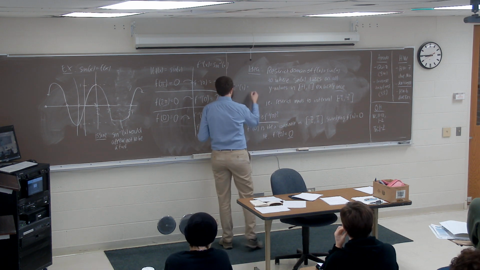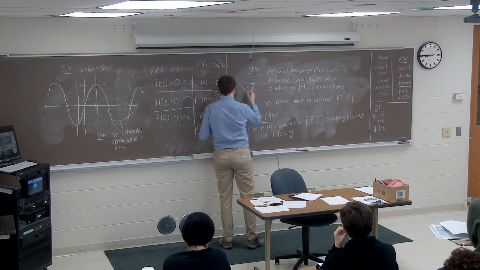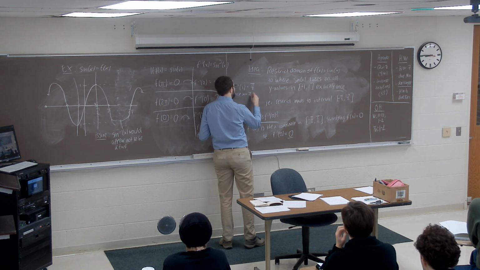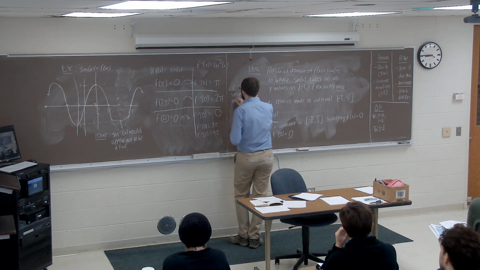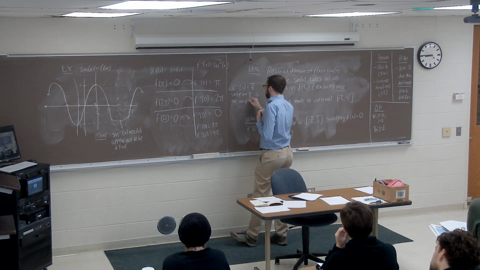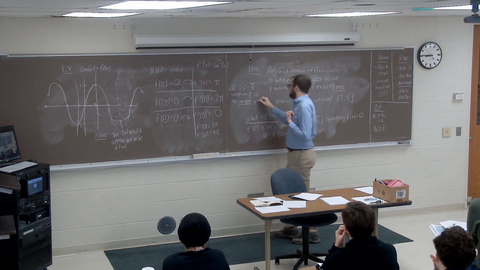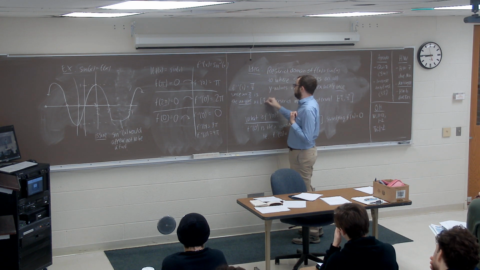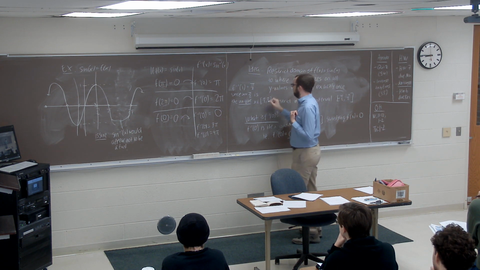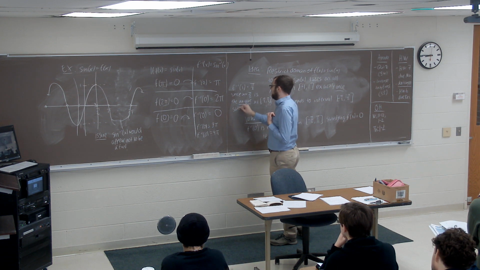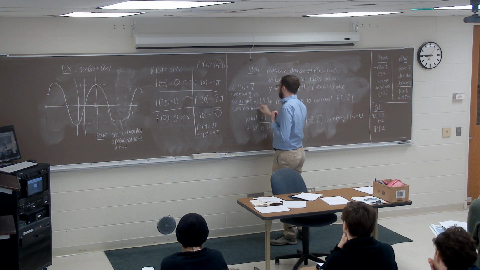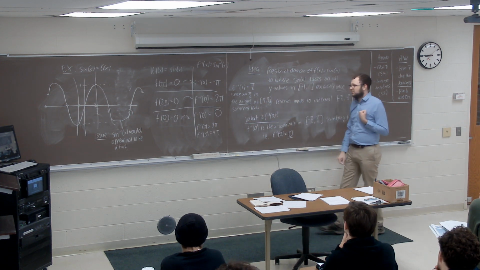So we could say f inverse of 1 is pi over 2, since x equals pi over 2 is going to be the unique x in the interval from negative pi over 2 to positive pi over 2 satisfying f of x equals 1.